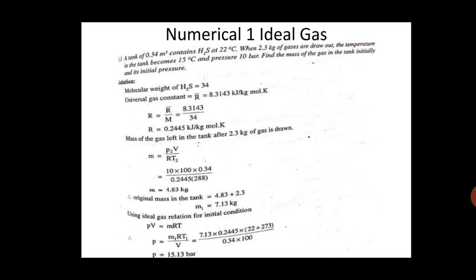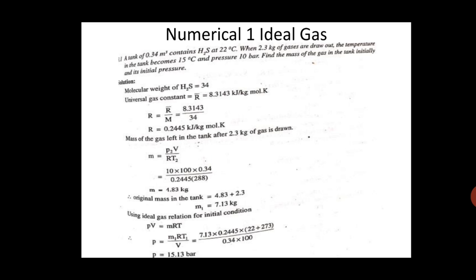Now molecular weight of hydrogen sulfide: H is 1, so H2 means 2, sulfur is 32. You have to remember these, and how you remember, I'll tell you simply. Hydrogen H is 1, carbon C is 12, nitrogen N is 14, oxygen O is 16, sulfur S is 32.